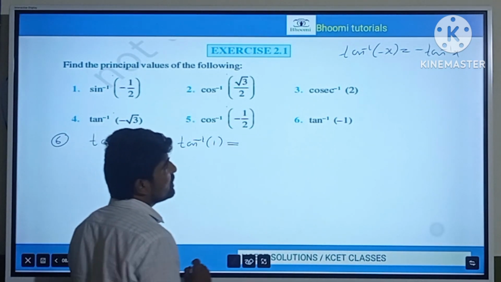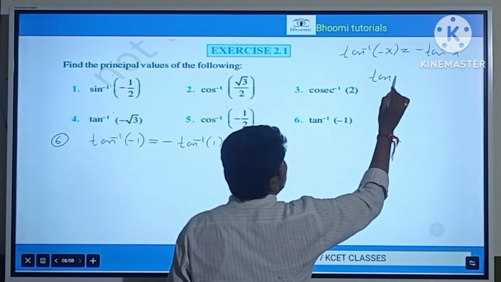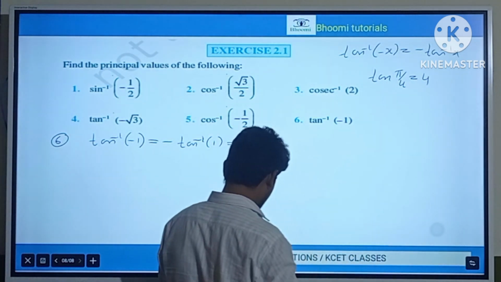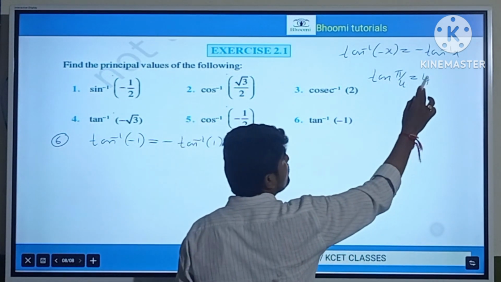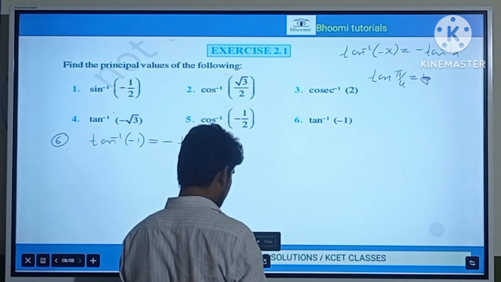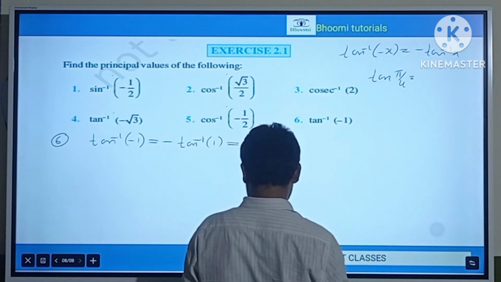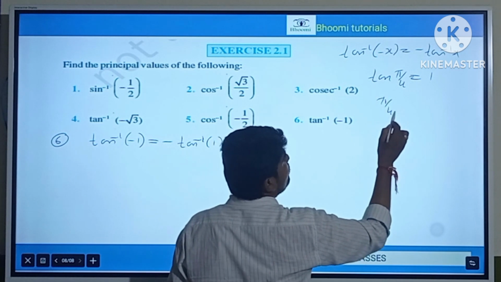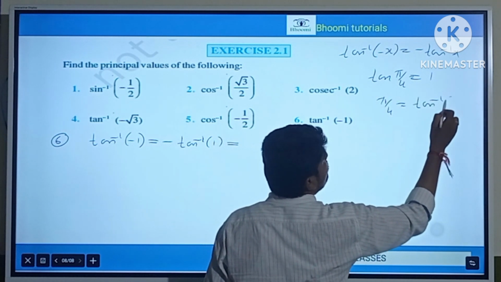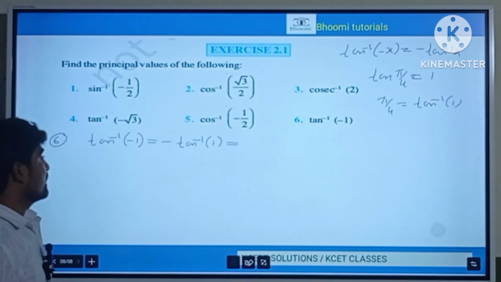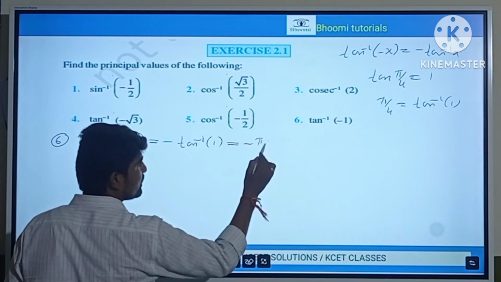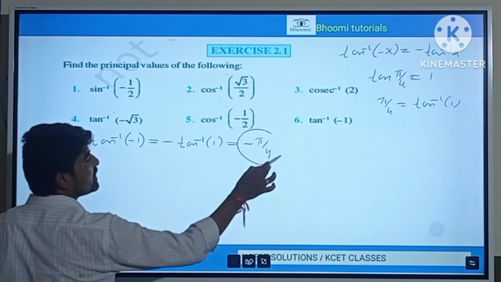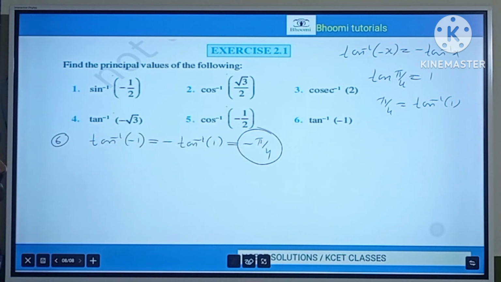We know that tan pi by 4 is equal to 1, or pi by 4 is equal to tan inverse of 1. Therefore, this can be written as minus pi by 4. So minus pi by 4 is the principal value of tan inverse minus 1.